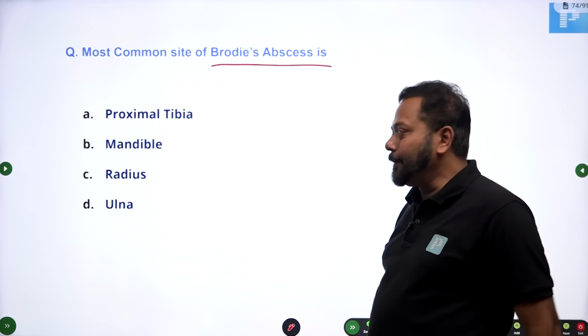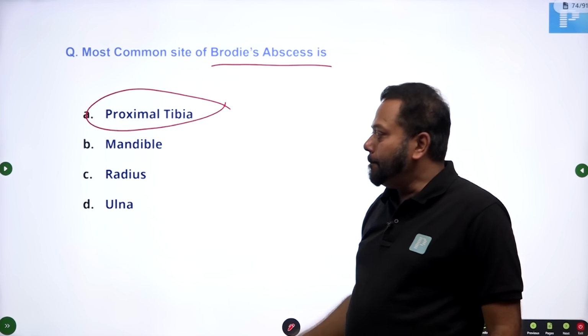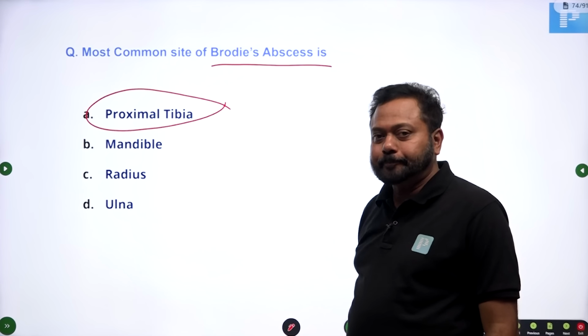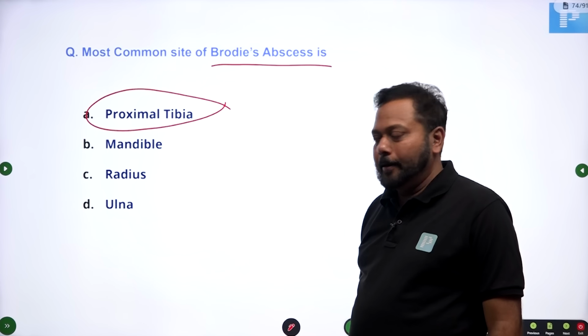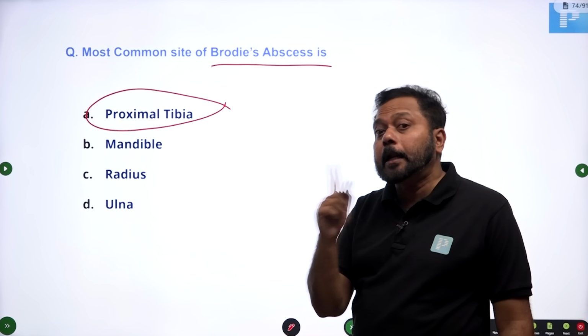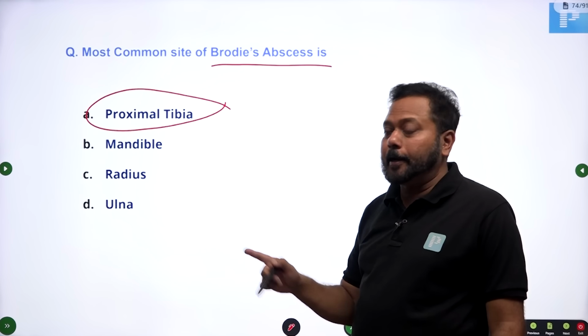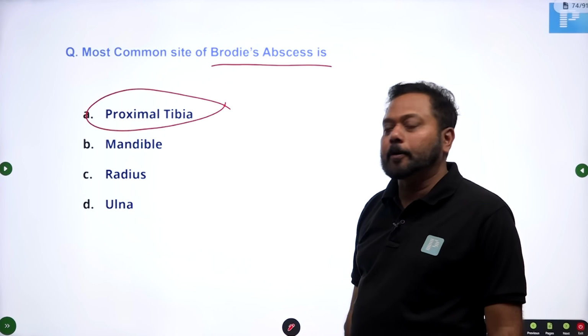By this time, you would have guessed the most common site is proximal tibia. Mandible, it is adamantinoma. Radius, nothing special. Ulna, salmonella osteomyelitis. Brodie's abscess is proximal tibia.